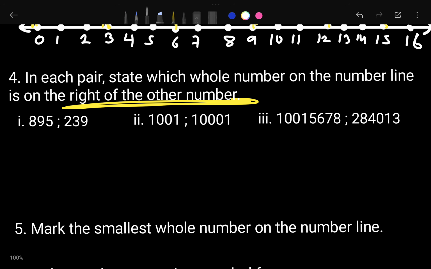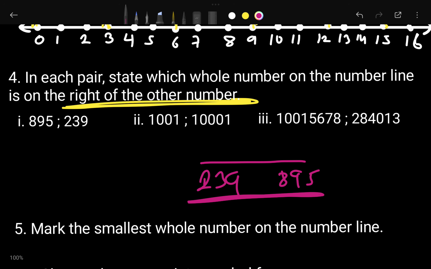Okay, now we will write here the first question's answer: 895 is on the right. So 895 is the right side. Why? Because this is 895 and this is 239. I wrote both of these because 239 comes first, then the second one comes. Okay, so if you compare from 895, there is no number on the right. But if you compare from 239, 895 is on the right side.